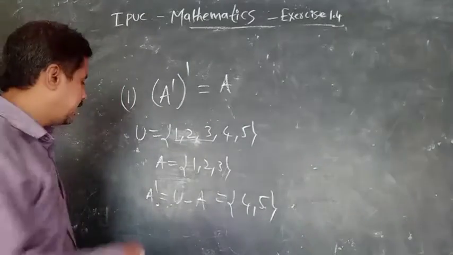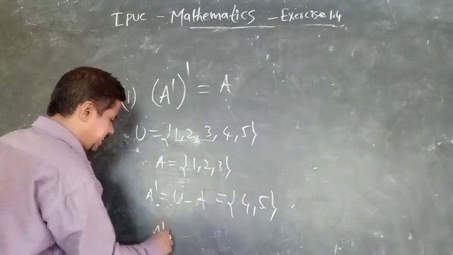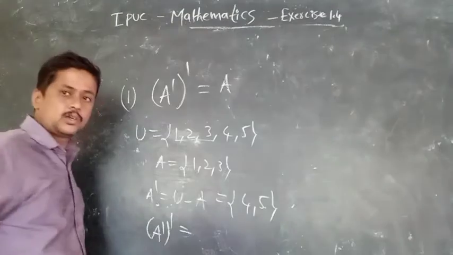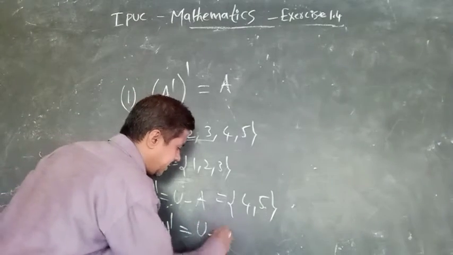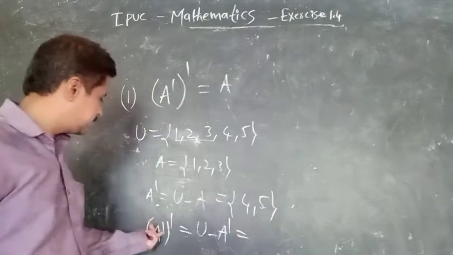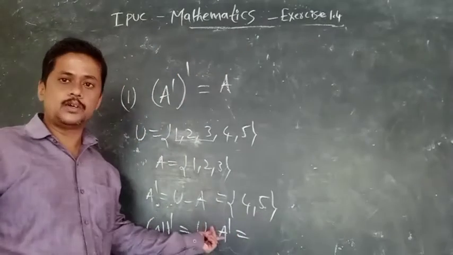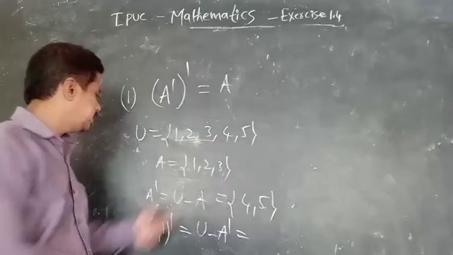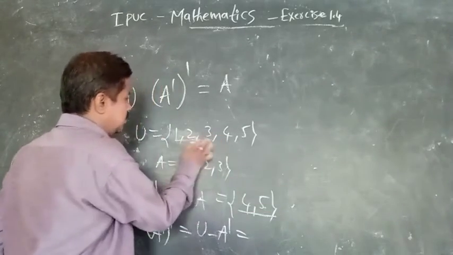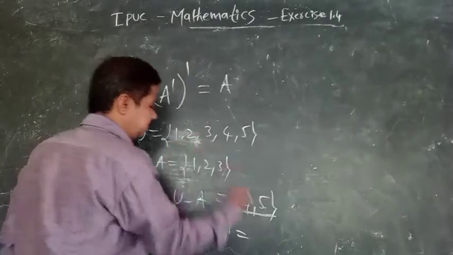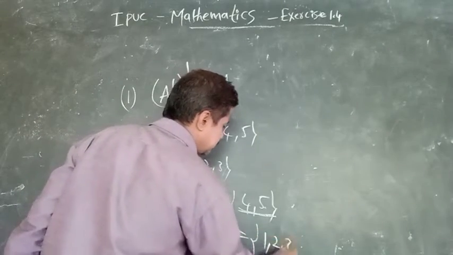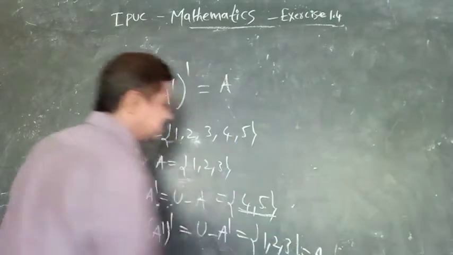Again I calculate A dash whole dash. A dash whole dash is U minus A dash. U is 1, 2, 3, 4, 5 and A dash is 4, 5. If we remove 4, 5, we get 1, 2, 3, which is nothing but A only.